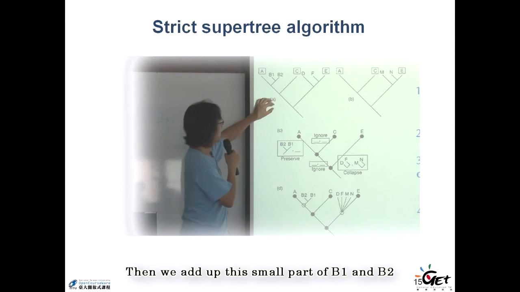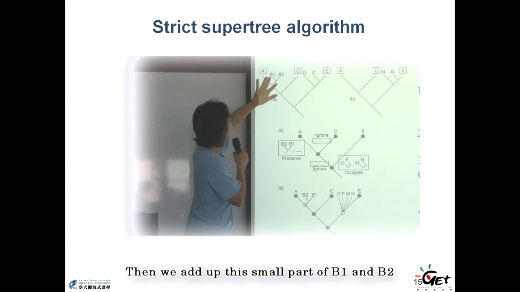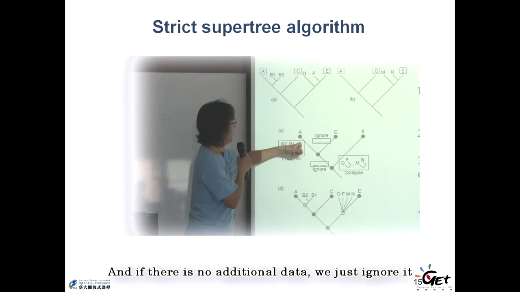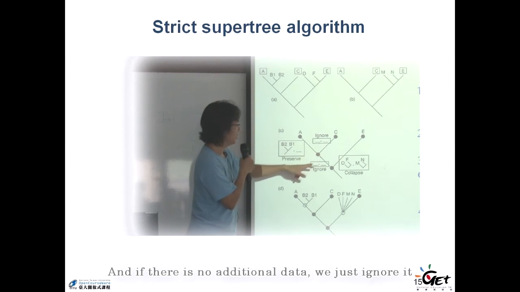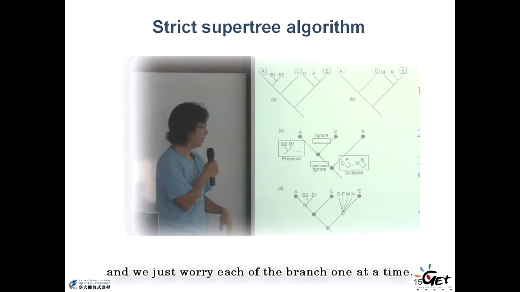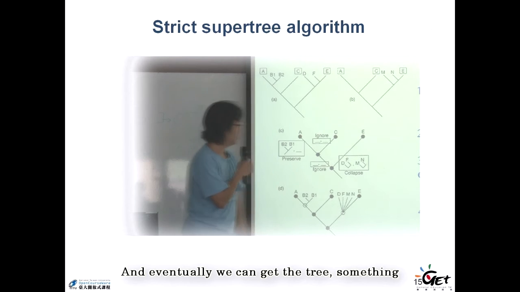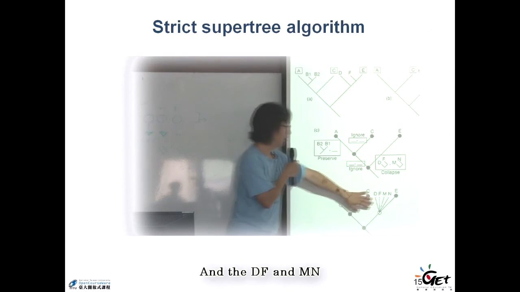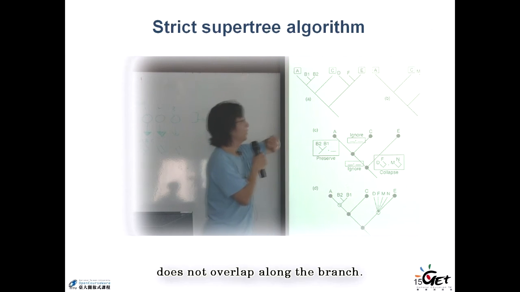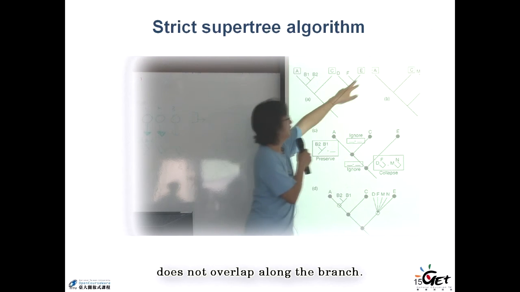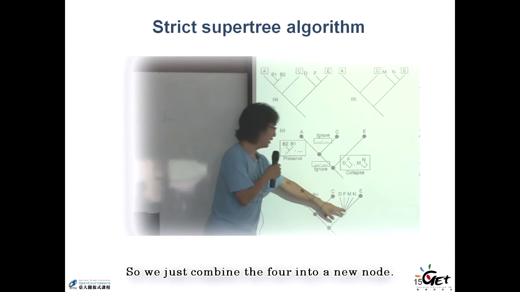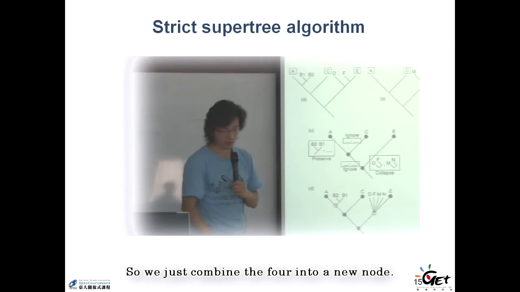Then we add this small part of B1 and B2, and see if it fits here or somewhere else. If there's no additional data, we just ignore it. We work through each branch one at a time, and eventually we can get a tree something like this one. The DF and MN do not overlap along the branch, so we have no idea about their relationship. So we just combine them into a new node.